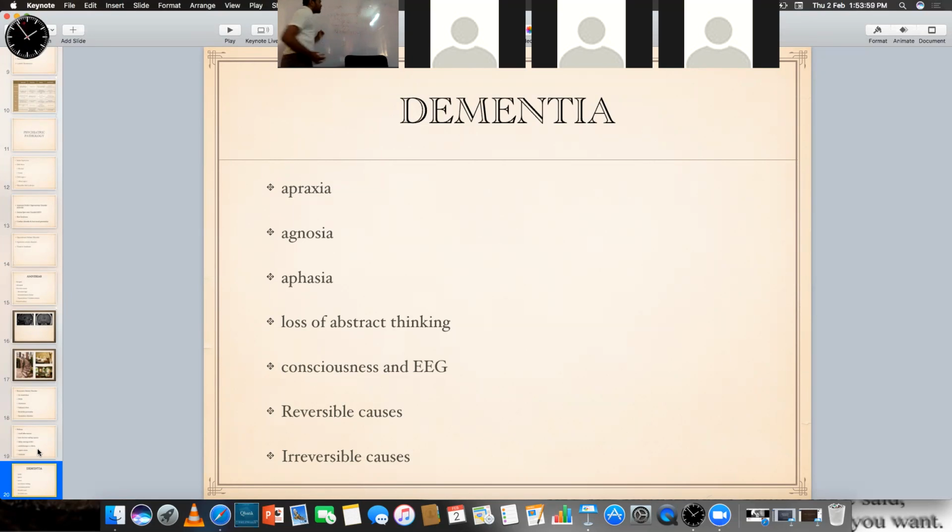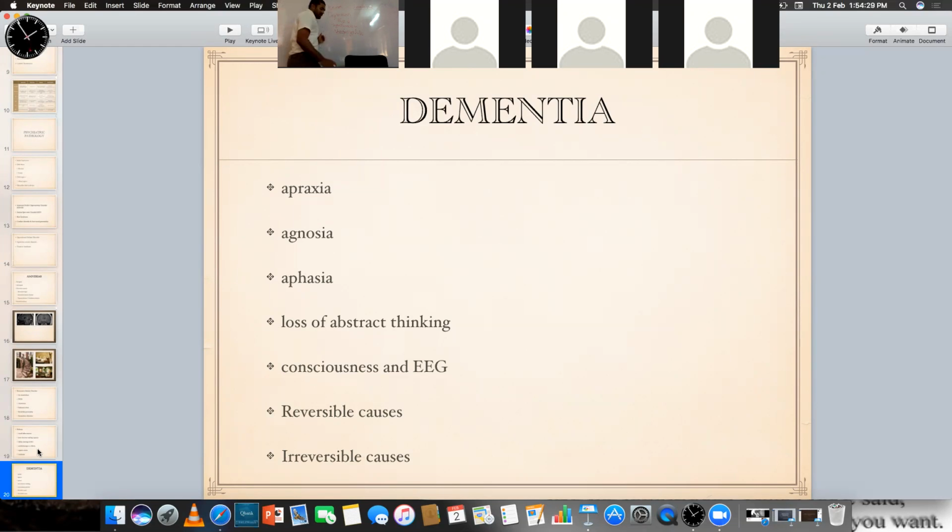Because 30, 40 years later, if he had syphilis, he might now have neurosyphilis. So it's treatable. Give them penicillin shots. You can treat neurosyphilis. It's also one of the major reversible causes of dementia, right? So depression, B12 deficiency, hypothyroidism, neurosyphilis. These are a few major reversible causes of dementia.